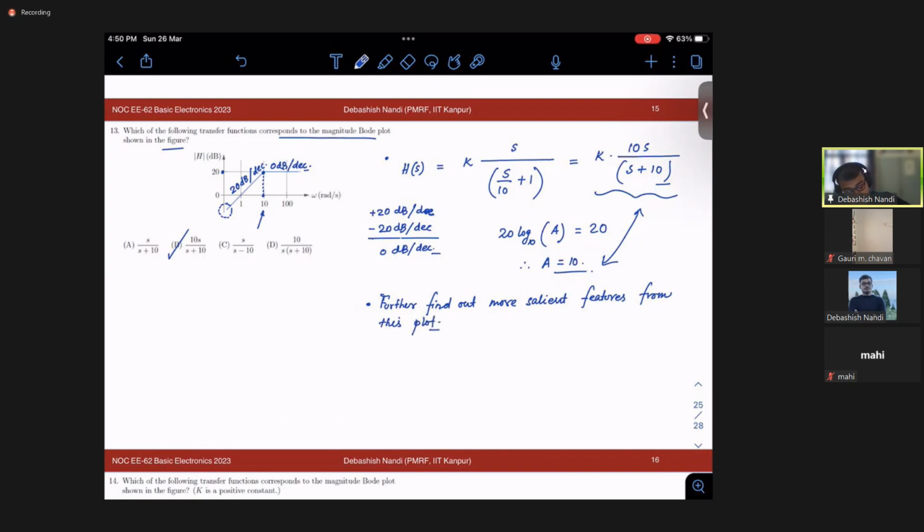For example, draw the phase plot. Here you see the phase plot will start from plus 90 degrees and it will fall to 0 degrees, right? This thing you should be very familiar with. So don't just solve these problems, also play with them. See what more you can answer from this kind of problems, right?